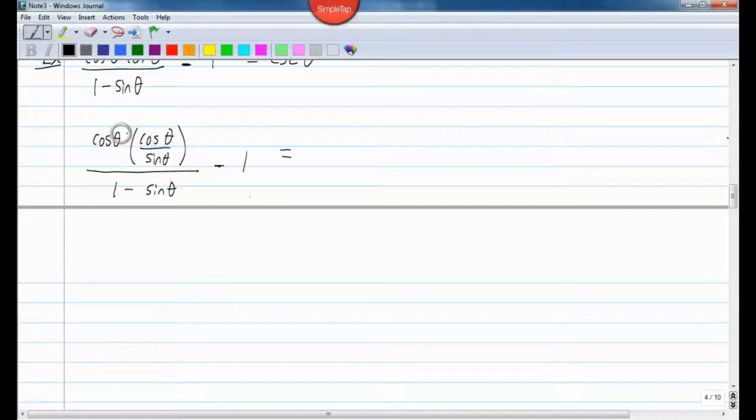In the numerator here, now, what's cosine times cosine? Cosine squared. And that's over sine theta over 1 minus sine theta, and I have minus 1.